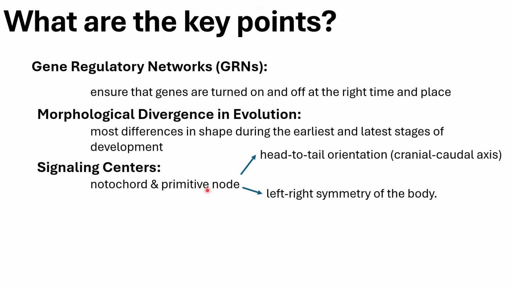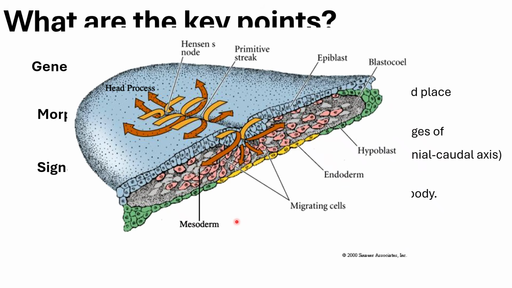Okay, so if there's a problem in these signaling centers, all the organs and the organ systems will not know where they should develop and where they should be placed, and what their orientation is relative to the whole body.